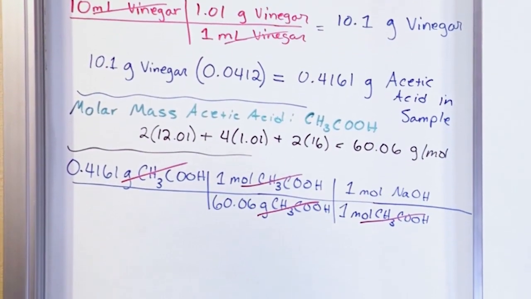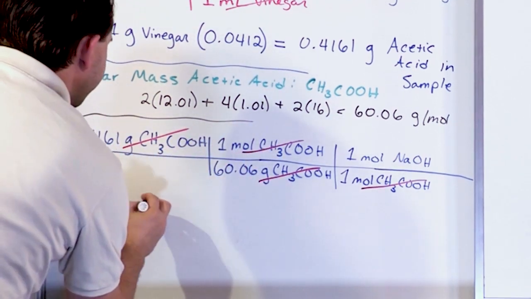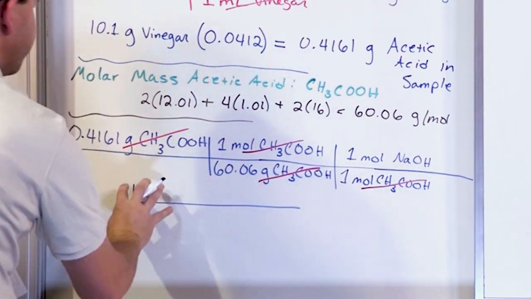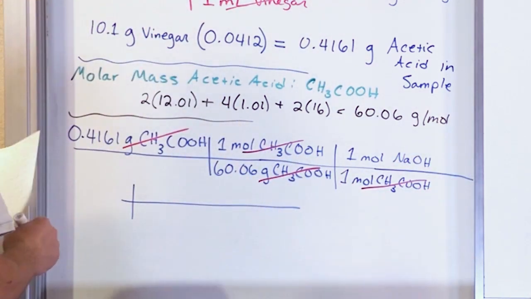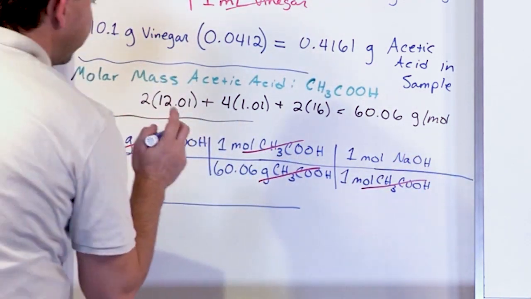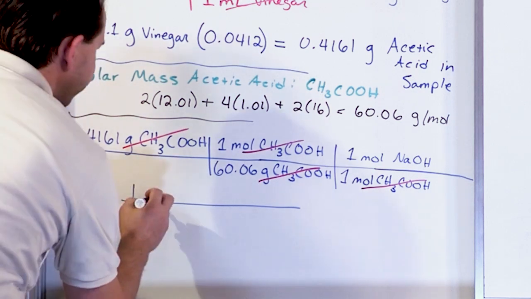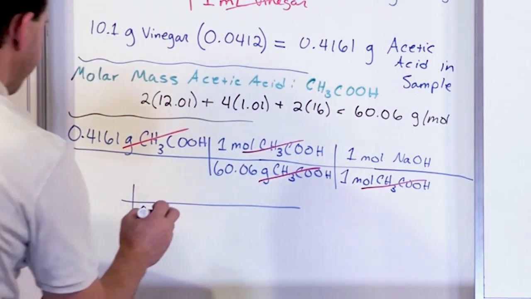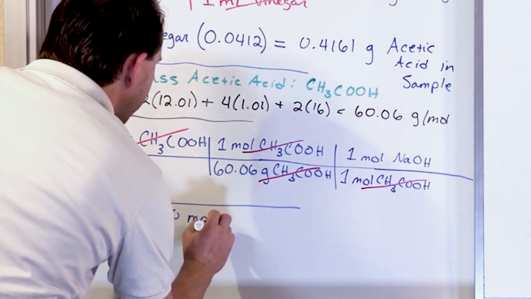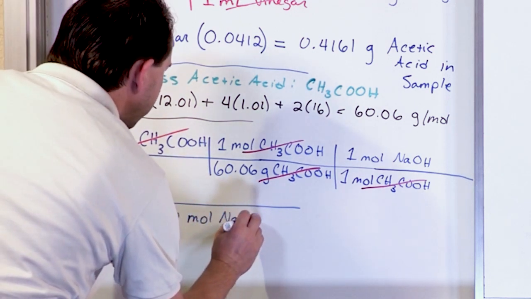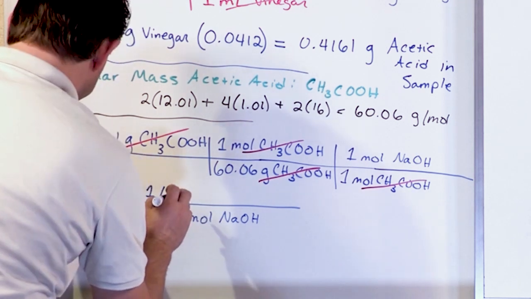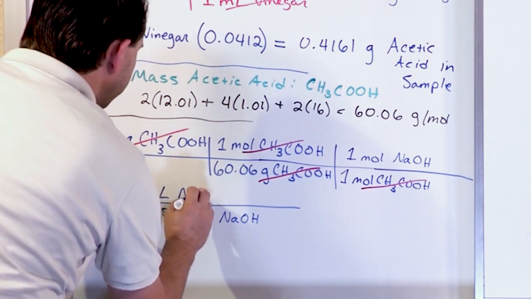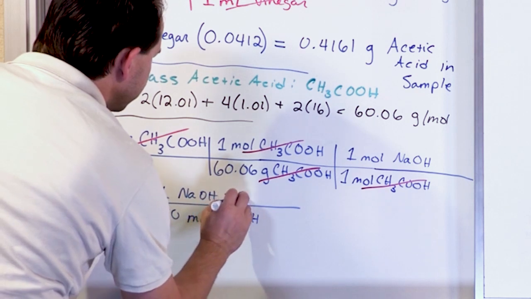So if I continue this calculation on the second line here, and just pretend that this is attached over to the end, it's 0.550 moles of sodium hydroxide for every liter of solution. So it's 0.550 moles of NaOH for every 1 liter of NaOH solution.